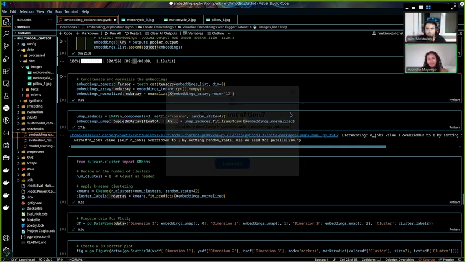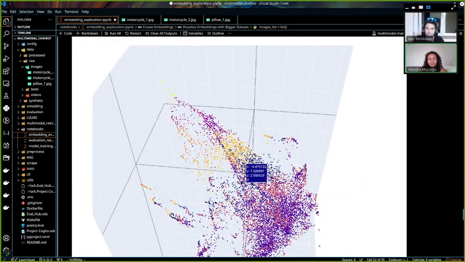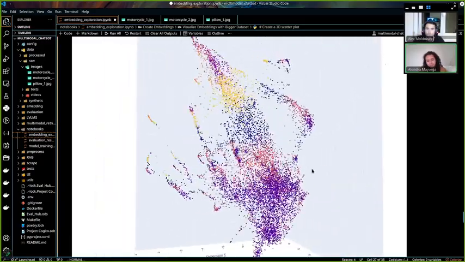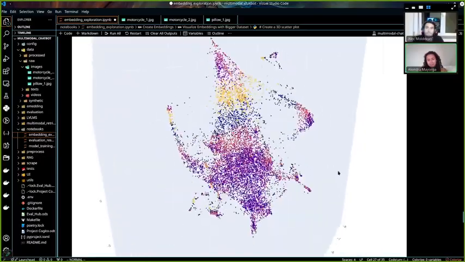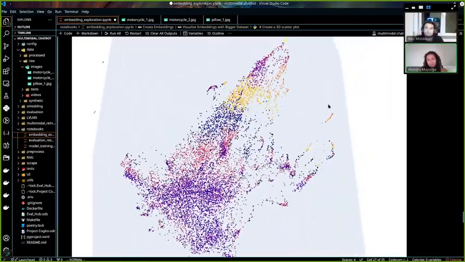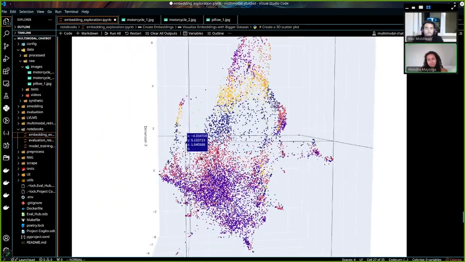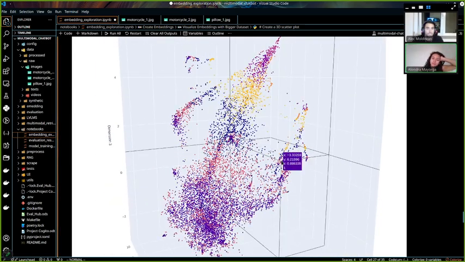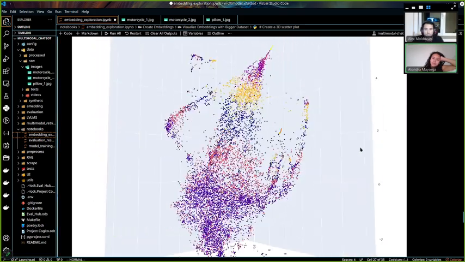So then I did some k-means clustering, and this is what resulted here. This is from a dimension of 1,500. You get this thing. Not always perfect. I guarantee you, if you run this again, it will be a different kind of thing because there's some randomness to how it creates these things.